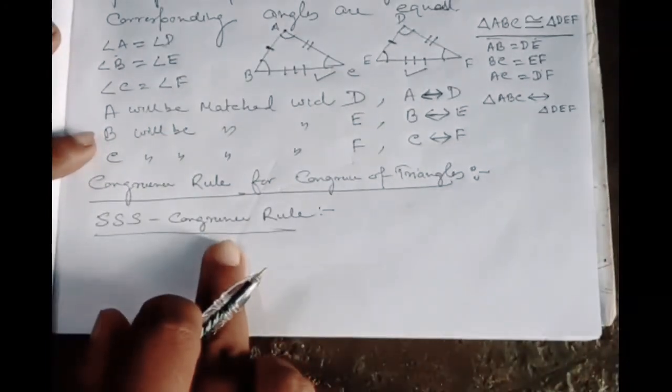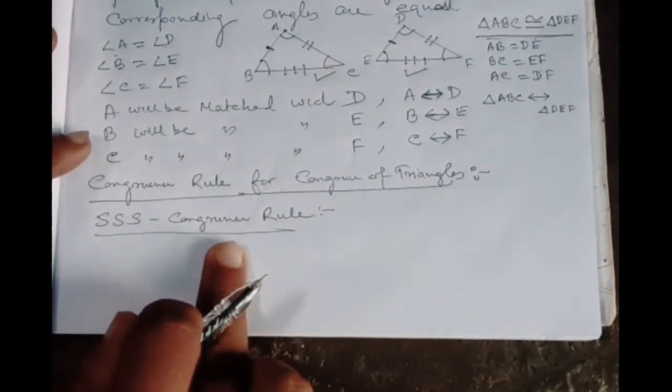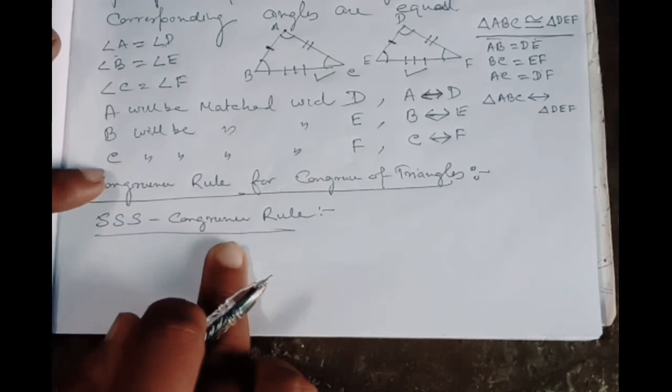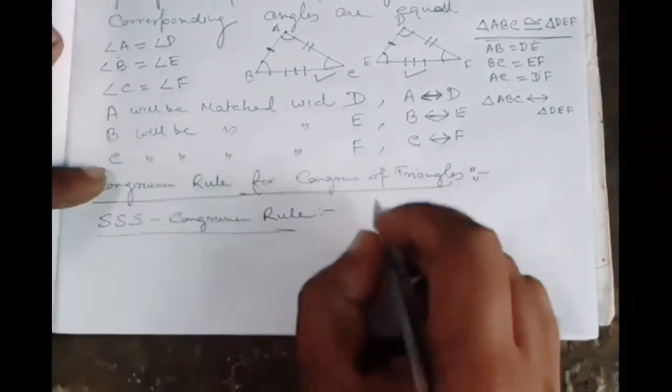What is this congruence rule? Side. Two triangles are said to be congruent if we take two triangles.